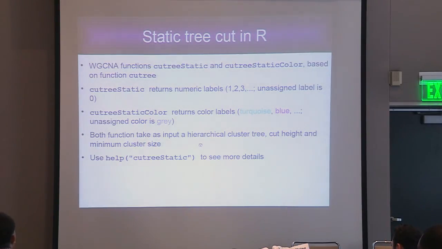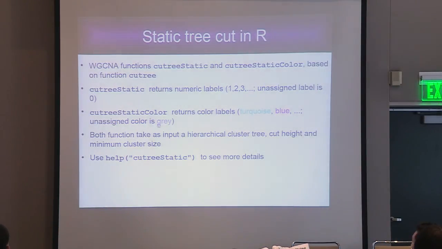Now in R, if you want to use the static tree cut, you can use WGCNA functions, cutreeStatic or cutreeStaticColor, that are in turn based on the function cutree that's part of the standard stats package. The difference between cutreeStatic and cutreeStaticColor is that cutreeStatic returns numeric labels that start from 1 and go 2, 3, and so on, and the unassigned label is 0.